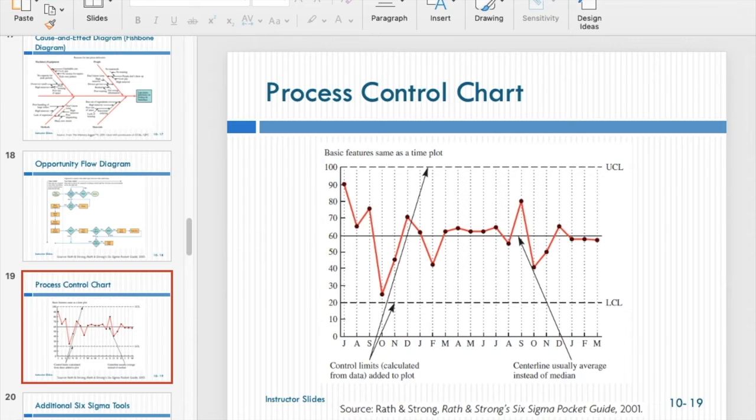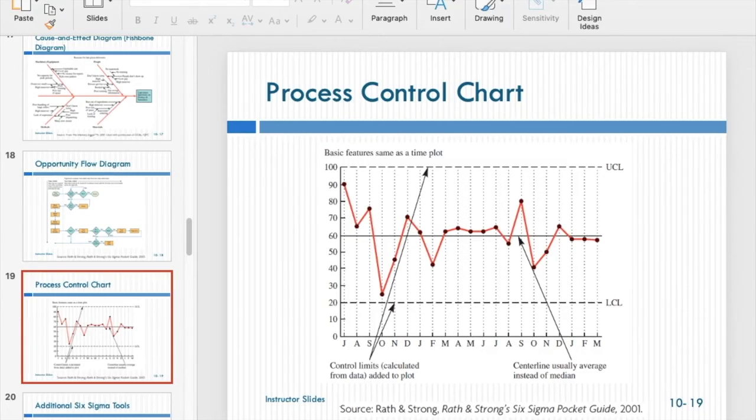The LCL is the lower control limit. The upper control limit and lower control limit are very straightforward. They are basically the upper bound and the lower bound of this control chart. We will talk about how to calculate the upper bound and the lower bound of this process control chart in a second.